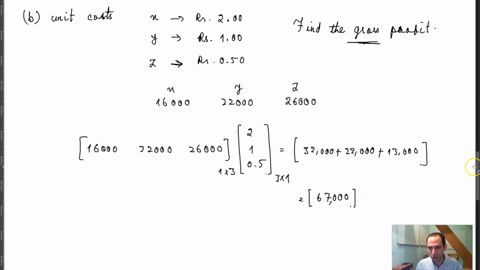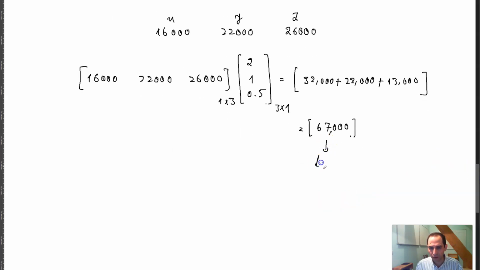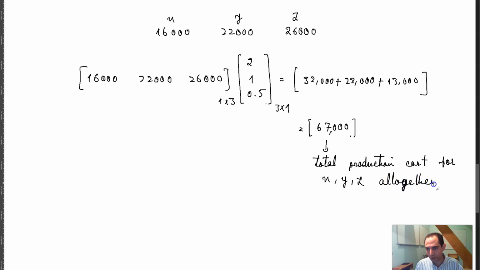That is basically the total production cost for X, Y, and Z all together, right?